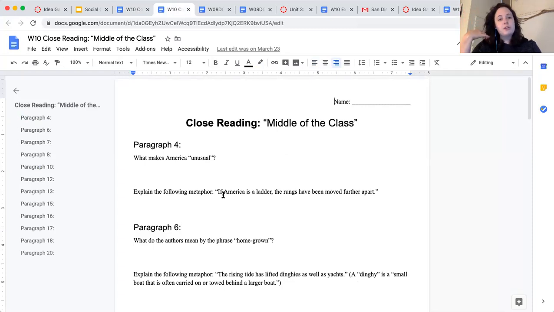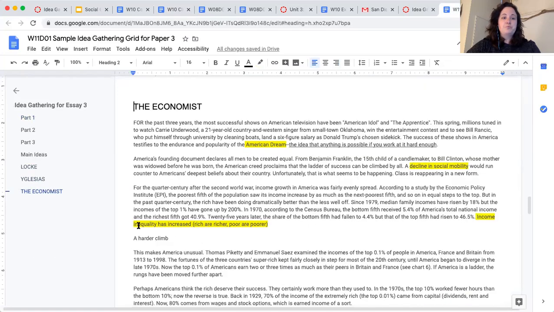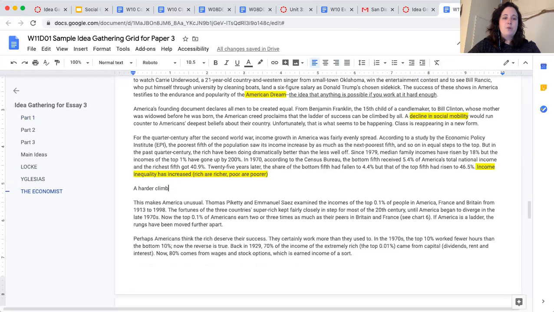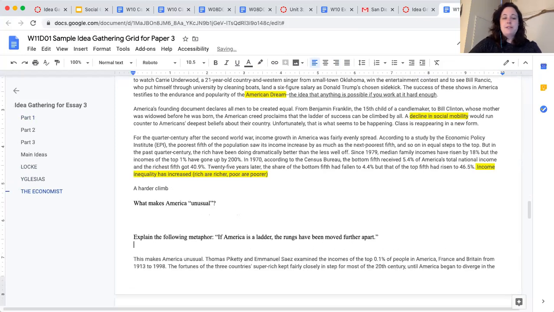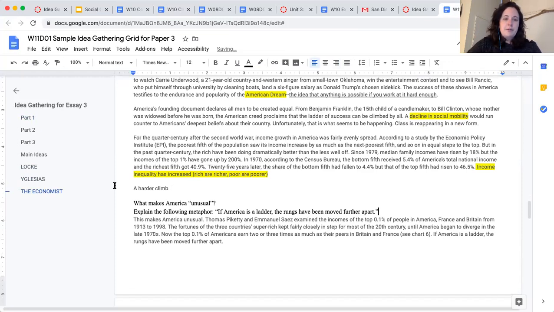What I can remember from this is, let's go ahead and copy these and take them into this document. Here's paragraph 4. I'm going to copy these questions so that we're thinking about what the important parts of this are.